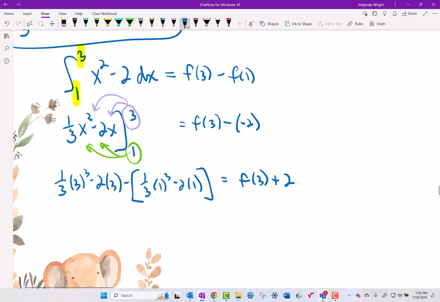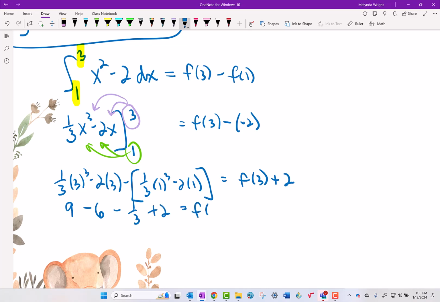Here we go. Okay, so here we've got 3 cubed divided by 3, so that's 27 over 3, so that's 9, minus 6. This is minus 1/3 plus 2 equals f of 3 plus 2. I'm solving for f of 3, so I would move the 2 over.